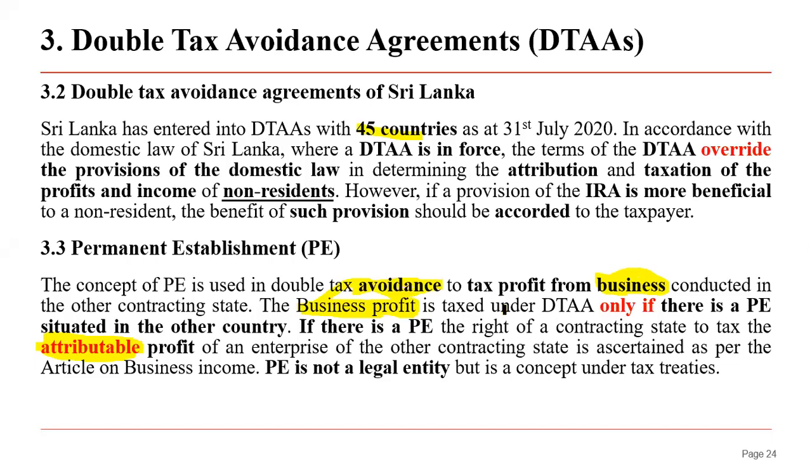Then I will give a summary of the treaties once we complete this section. It will be really useful for your assignment as well, the individual assignment. I think at the end of the session I will share the individual assignment guideline.